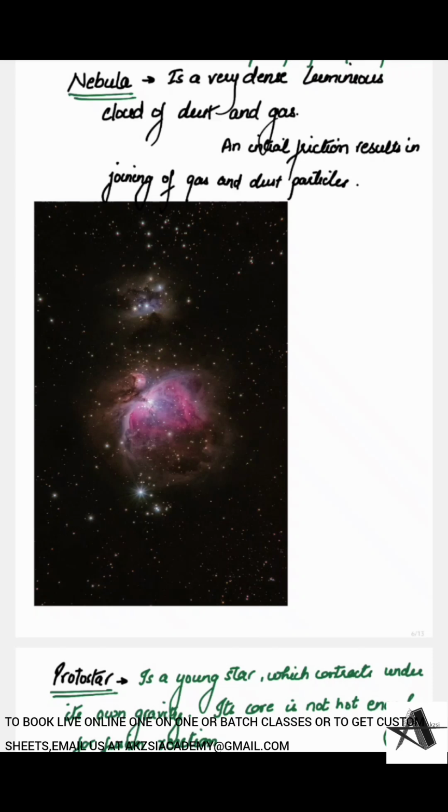The reason can be any, but a little friction results in the joining of all the particles at one place. So a little initiation was required, that is a friction, and then all the gas particles come together. The gas is hydrogen gas, that's important.